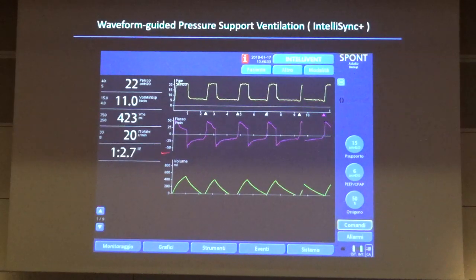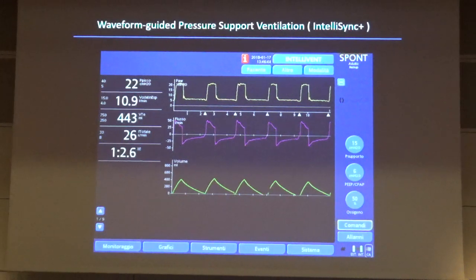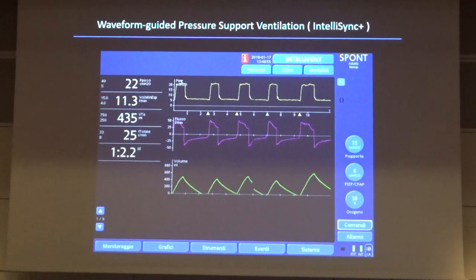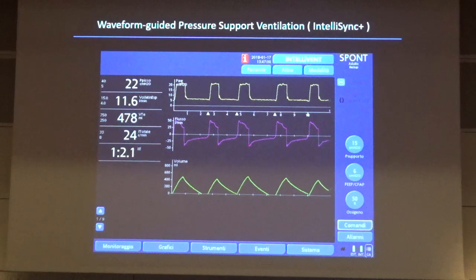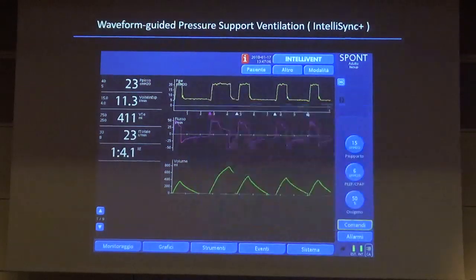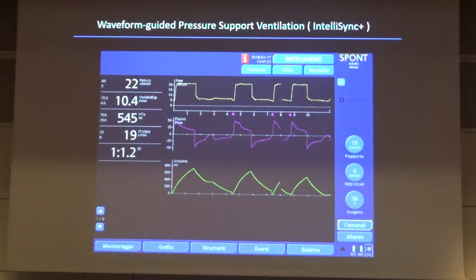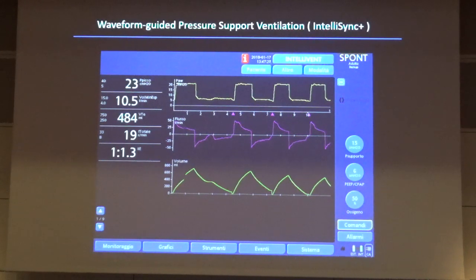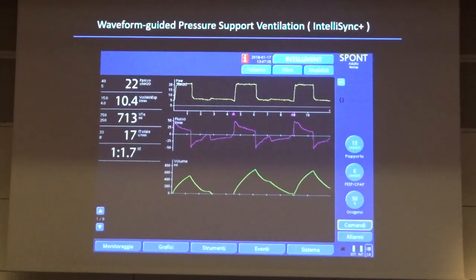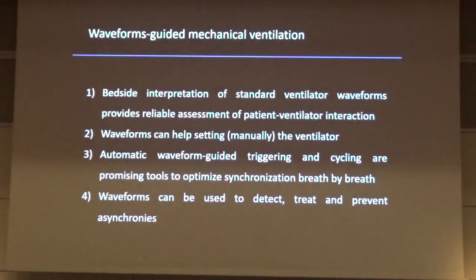As soon as we switch on the automation, you see the picture immediately changes, and all the asynchronies disappear. And when we switch back to standard settings of triggering and cycling, all the asynchronies were also back. So this is just one patient. We have to wait, of course, for the data from the pilot study, but it seems to be a very promising tool.